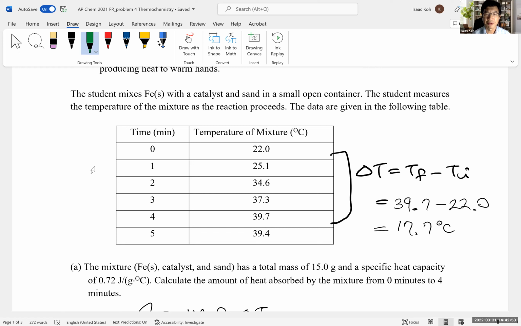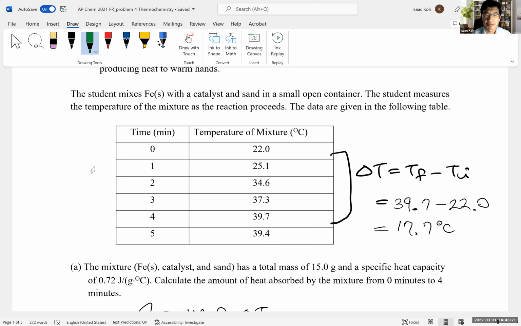Initially, before the reaction starts, the temperature was 22 degrees C. As the reaction started, the data points are per minute: first, second, third, fourth, and fifth minute. The temperature of the mixture went up steadily, 25, 34, 37, 39. And at 5 minutes, it is slightly decreasing, 39.4 degrees C.